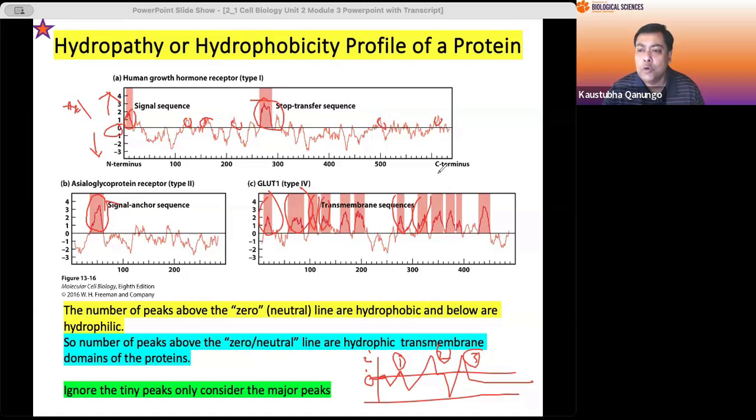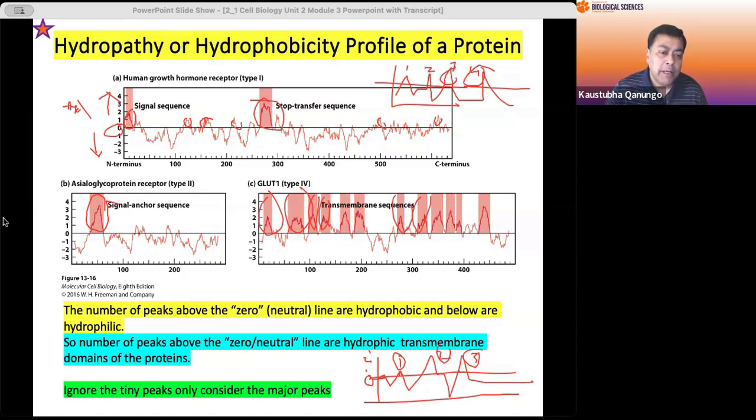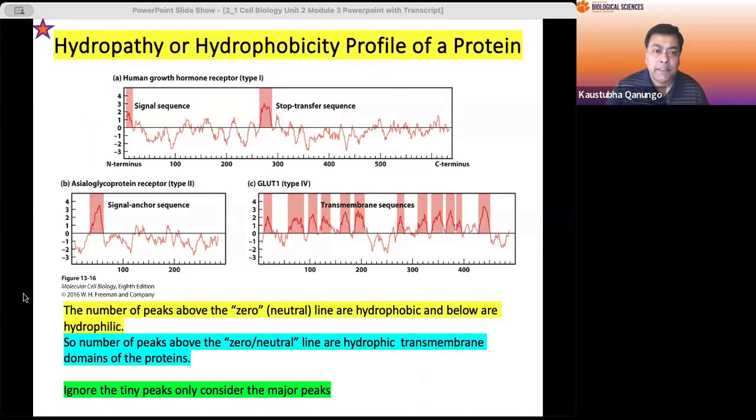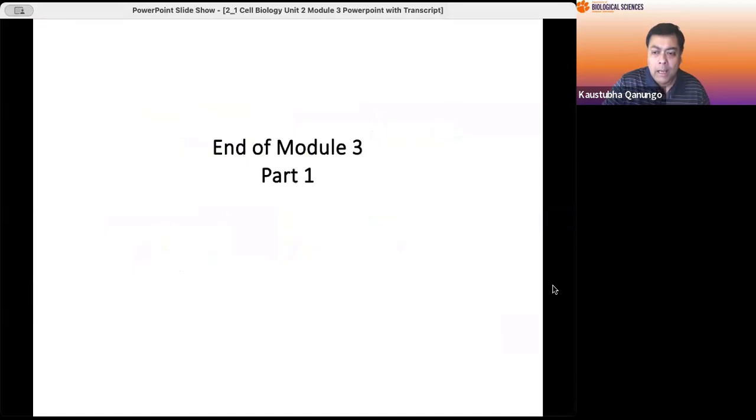I will not do any of those. Just above the 0 line, they will be clear cut, no confusion. Just count the number above the 0 line. That will be your number of hydrophobic sequences in a transmembrane protein. That's basically very straightforward. All right.